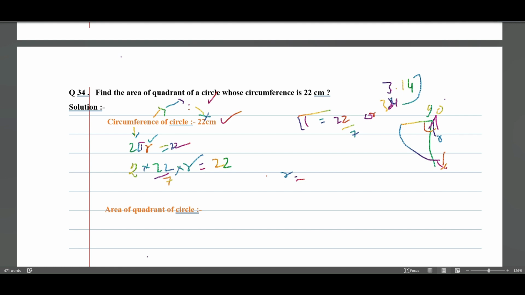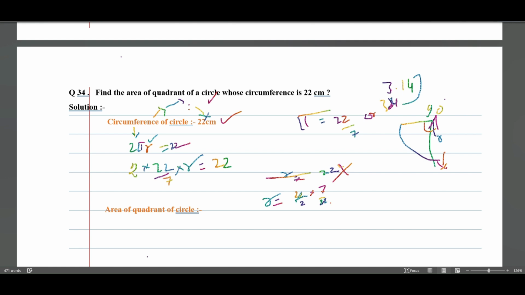So from here we can find the value of r. r will be equal to 22 divided by 2 multiplied by 7 divided by 22.